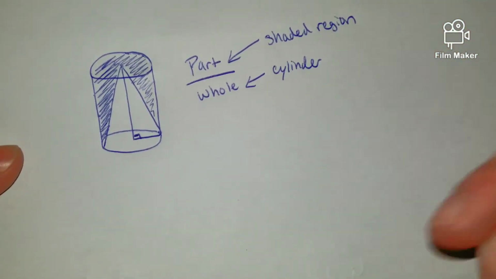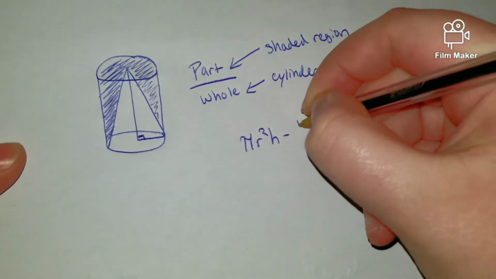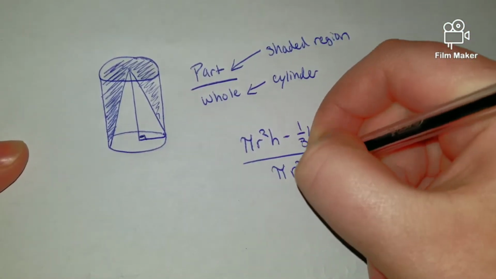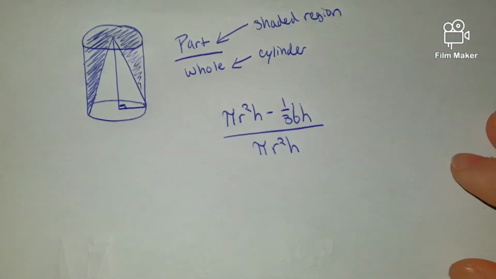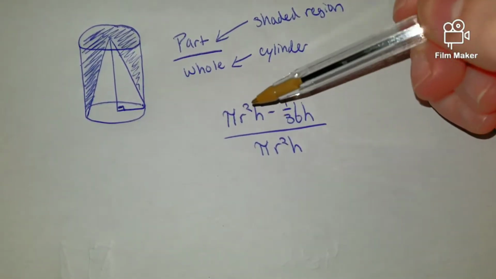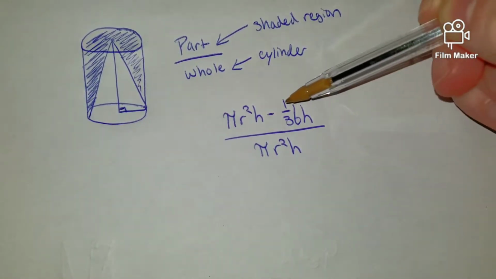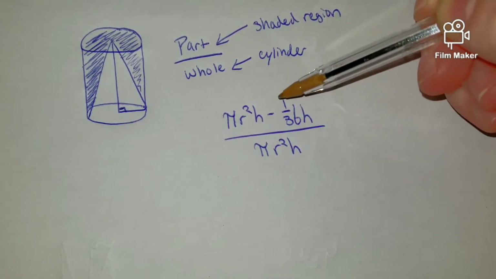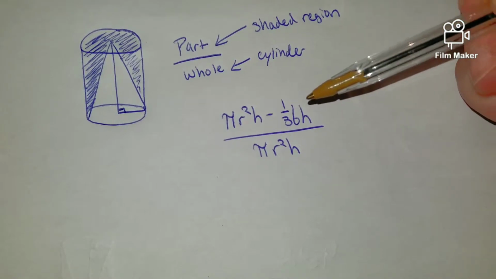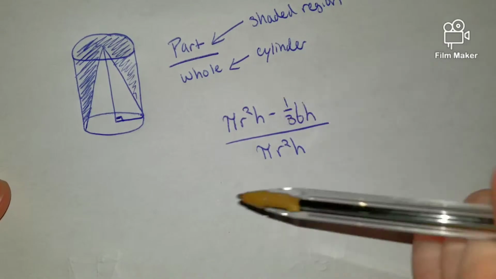And it's going to look like this. So, the expression now reads that the volume of the cylinder minus the volume of the cone over the volume of the cylinder. The reason I did this is because the cylinder is a 3D object, right?